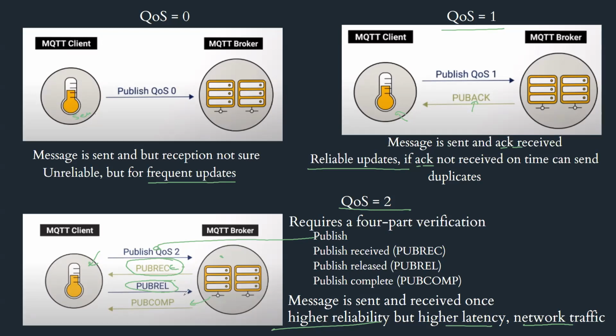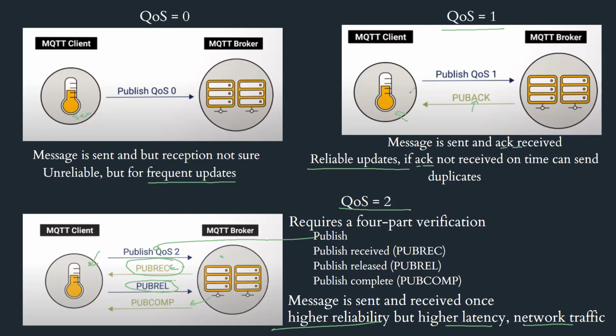So we are adding a lot of messages to the network, and for one transaction to happen, we take a lot of messages, and that causes higher latency in the communication. So therefore, we call this reliable communication, but it is not practically feasible for all communication systems.